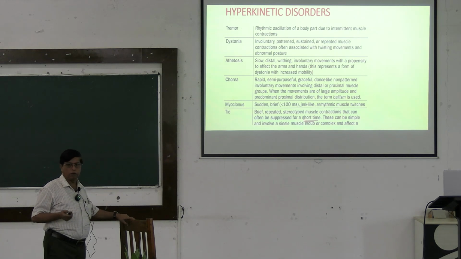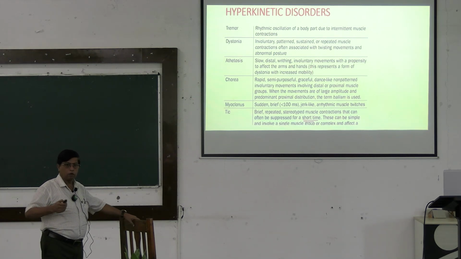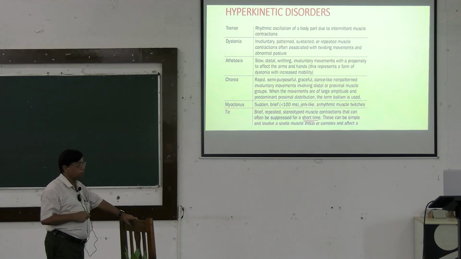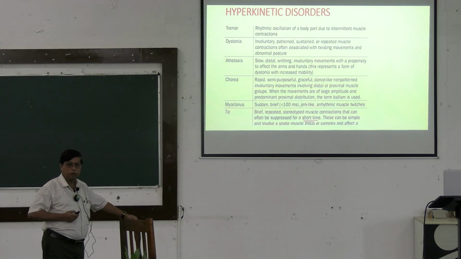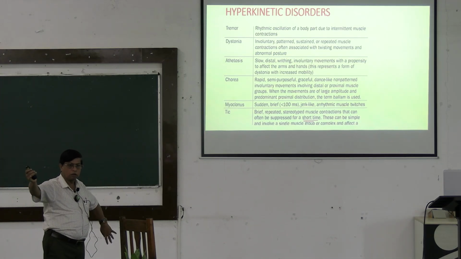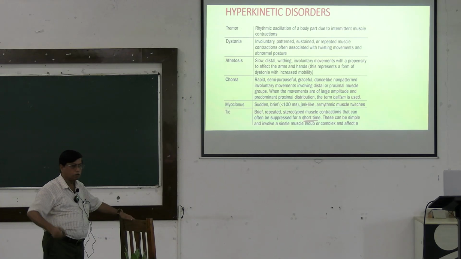Chorea is a very quick movement. To remember, you can take the example of a break dance by Michael Jackson. You can compare that dance with chorea. It is a quick involuntary movement like that, of hands and feet and everything.